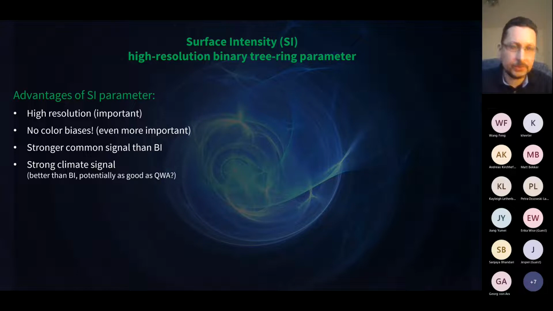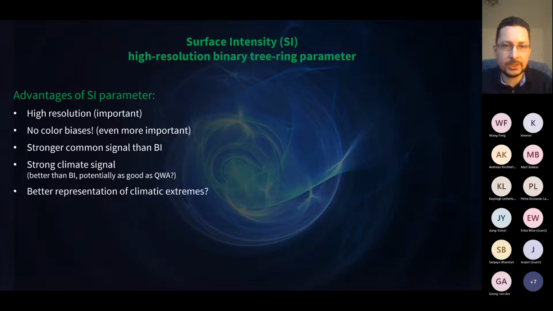And potentially it could be as good as some quantitative wood anatomical data sets. I think there's still some experimentation to do to figure out whether SI is currently able to give us a better representation of climate extremes, for example very small rings, and how well we can represent small growth rings.